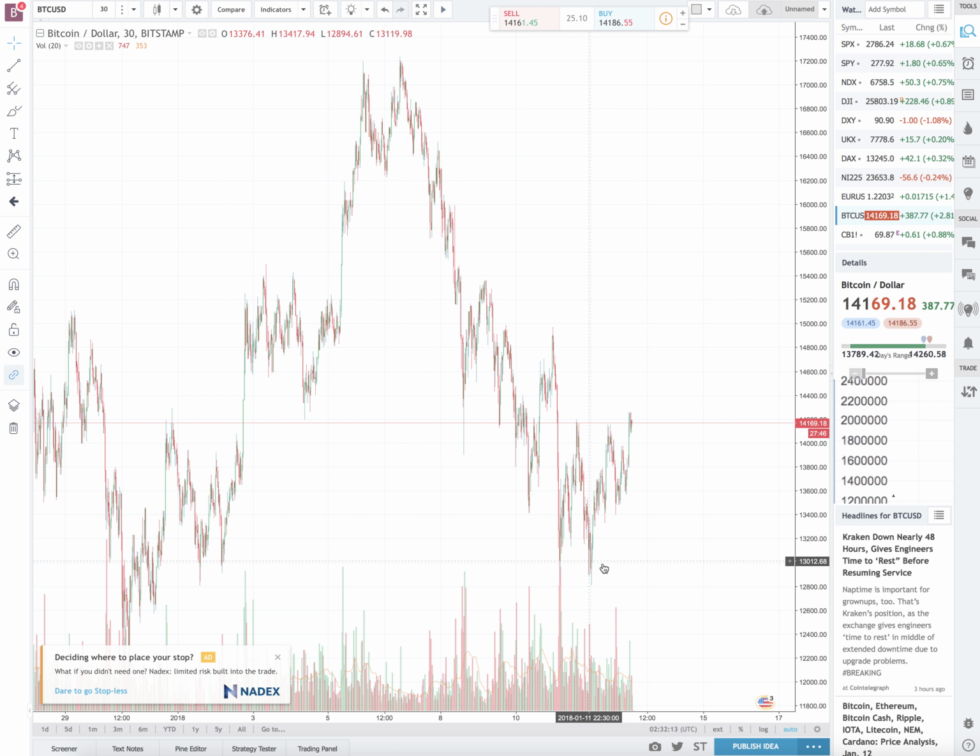But this is what we call a higher low in this region. So this low and this low were relatively the same, and so my thought was, okay, this is where the support is. It's bounced off this sort of trend line twice, and it seems to me that means the bulls are returning, the buyers are coming back.